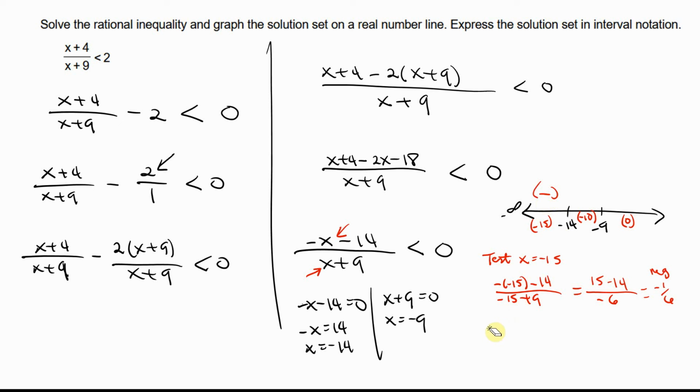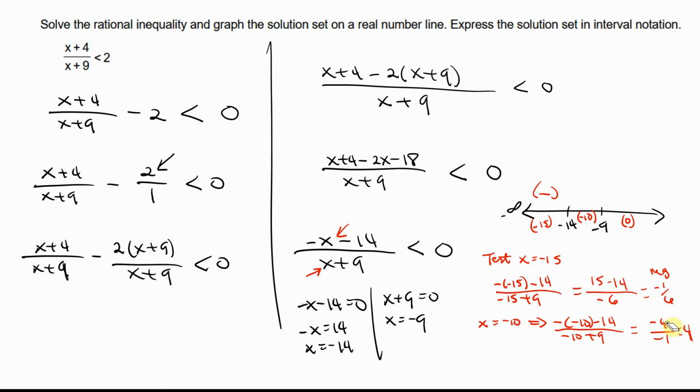Let's test x equal to negative 10. This implies that I have negative times negative 10 minus 14, all over negative 10 plus 9. That becomes positive 10. 10 minus 14 is negative 4, and this is over negative 1. So we get positive 4.